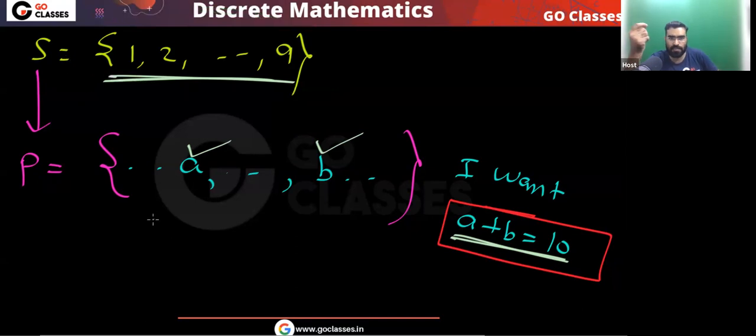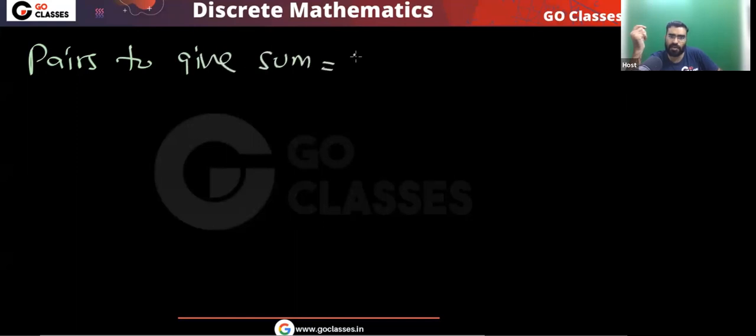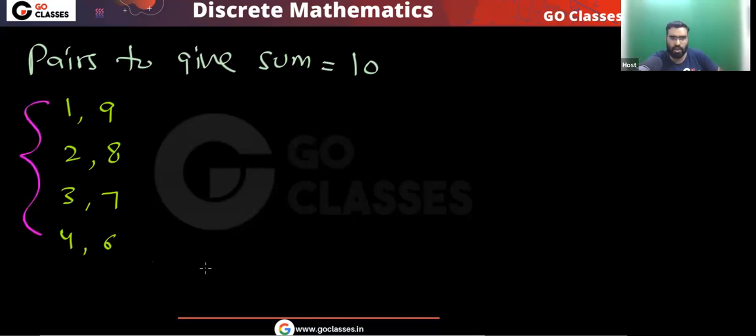Who are the pairs that give summation equal to 10? For example, 1,9, for example 2,8, for example 3,7, for example 4,6. These are the pairs who can give me summation equal to 10.